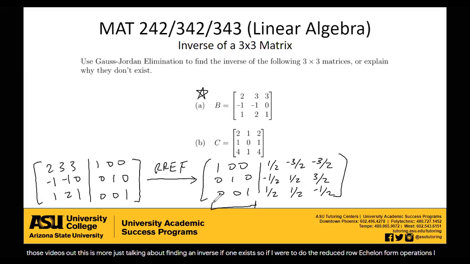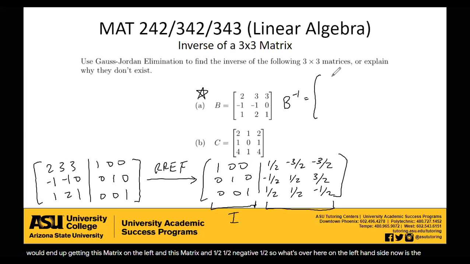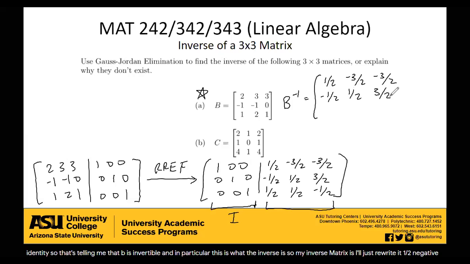So what's over here on the left-hand side now is the identity. So that's telling me that B is invertible. And in particular, this is what the inverse is. So my inverse matrix is, and I'll just rewrite it, 1/2, -3/2, -3/2, -1/2, 1/2, 3/2, 1/2, 1/2, -1/2. So that is what my inverse matrix is.